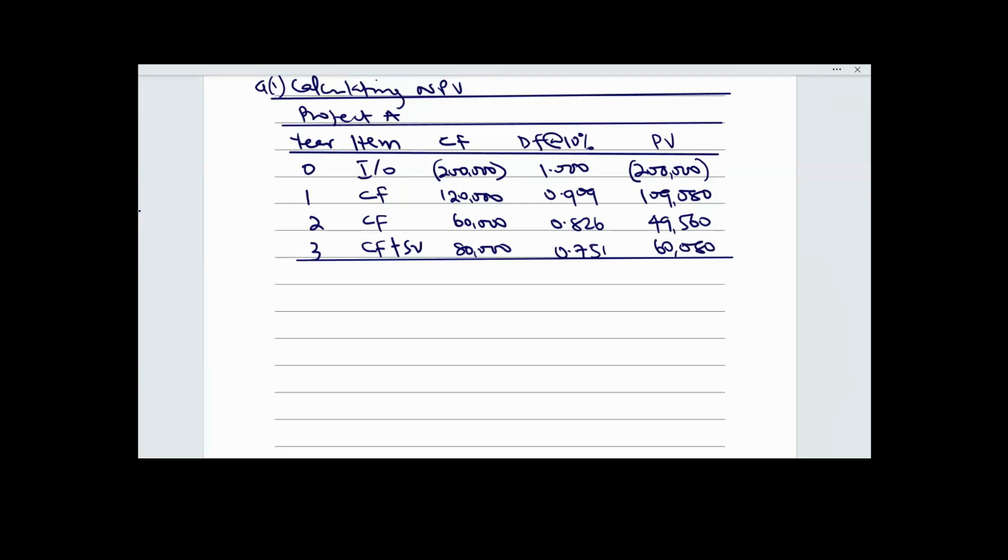So now you recall that we said NPV is the difference between the present value of cash inflow and present value of cash outflow in capital investments. So in this case, you are supposed to add up the PV of the positive present value first before you net off the negative present value.